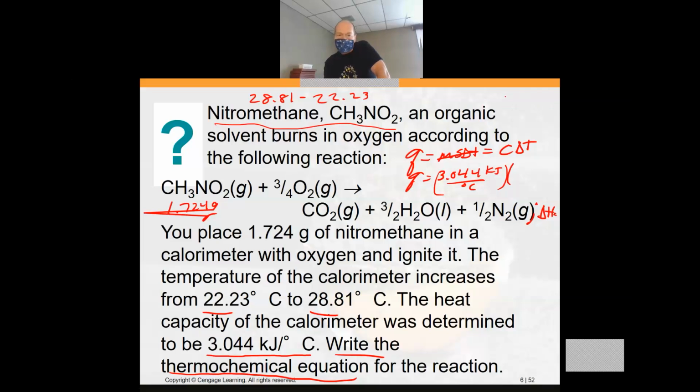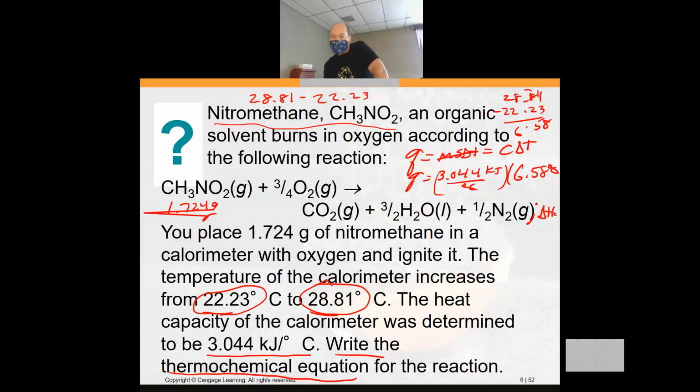So 28.81 minus 22.23 gives us 6.58 degrees Celsius. And again, if you want to convert both of these temperatures into Kelvin and then get your delta T, you will get the exact same answer. So that's how we get our Q.